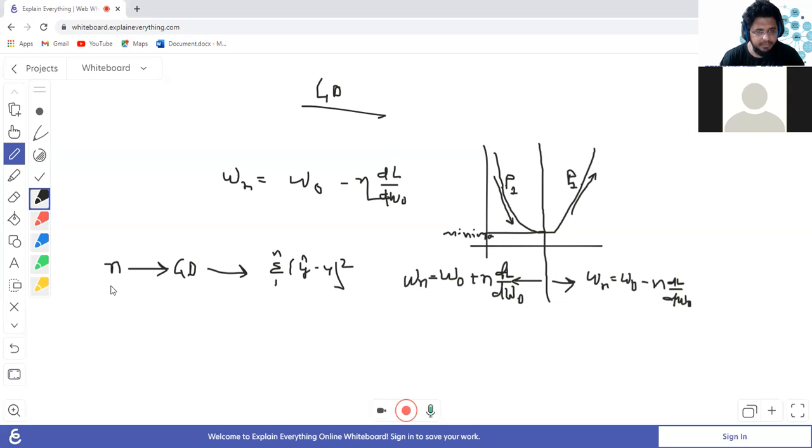In mini-batch stochastic gradient descent, this is k, which means at a time k items we are taking, so 1 to k of (y cap minus y) whole square.